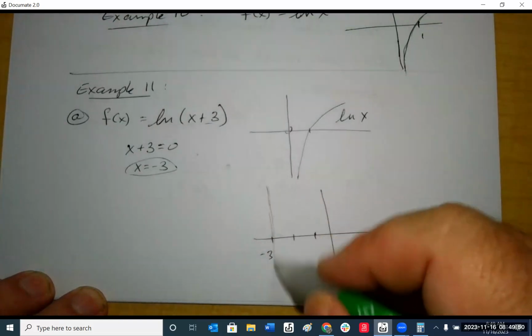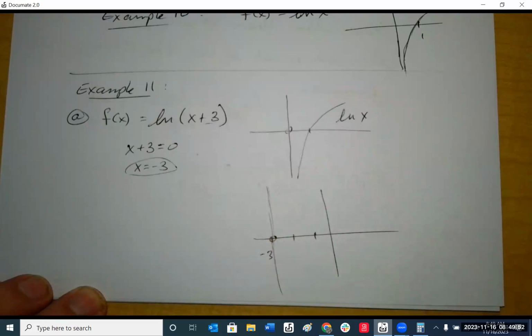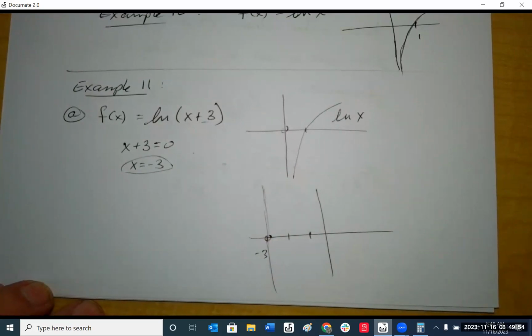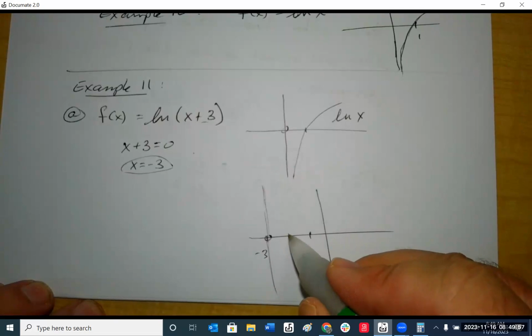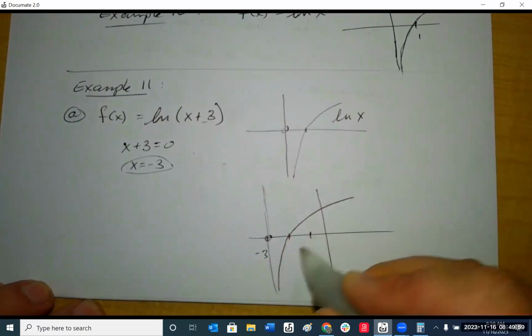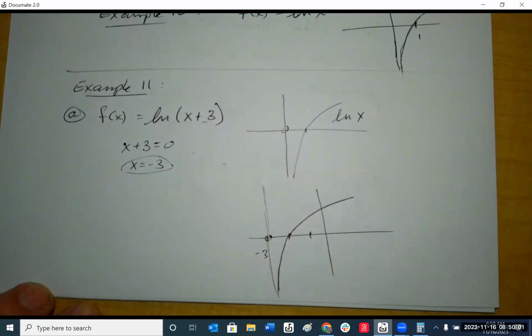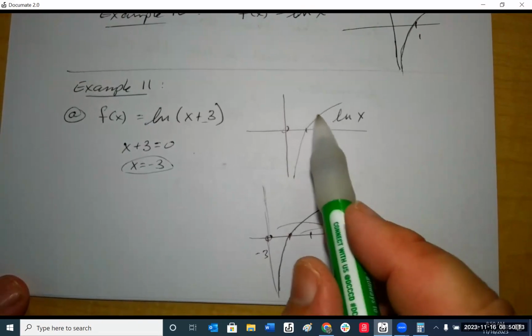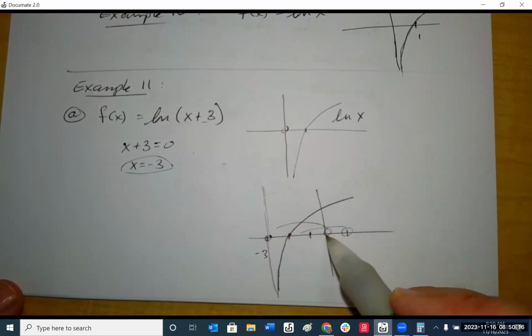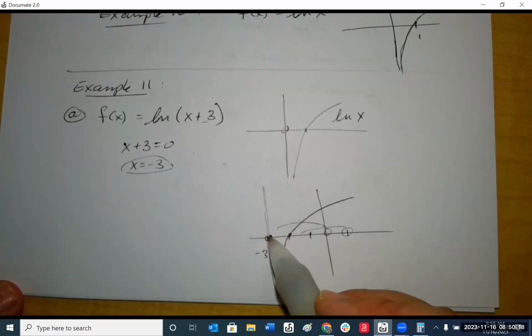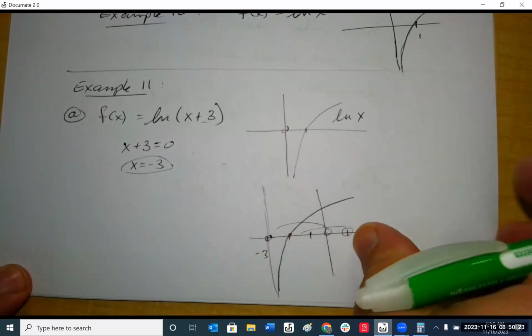So we have our new origin here, so it crosses at 1. Everything just moves back 3 spaces. So the whole graph picks up and moves back 3 spaces. My origin used to be at (0, 0). Now it's at (-3, 0). That's a horizontal shift.